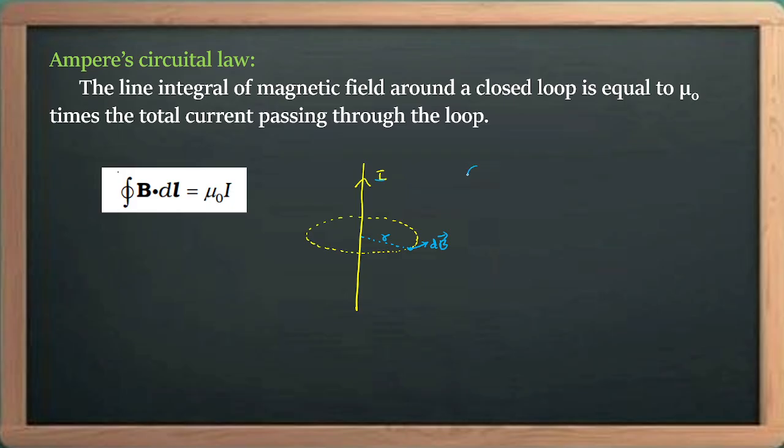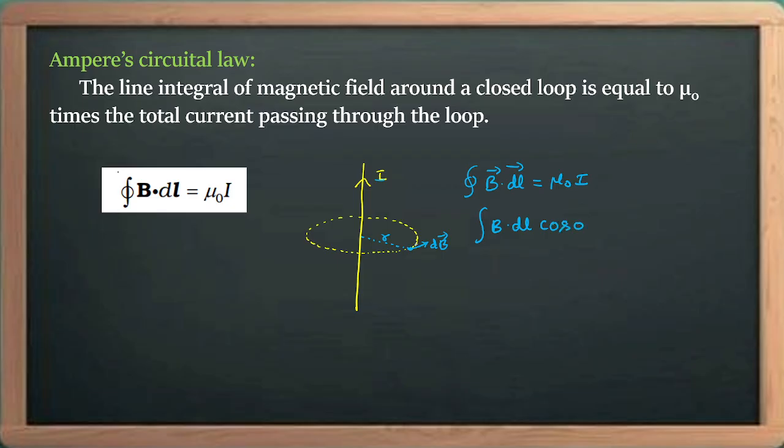We can also write this in vector form: the line integral of magnetic field B dot dl is equal to mu naught times current enclosed. You can find out the net magnetic field here. Let me solve this. You will get B into dl into cos 0.